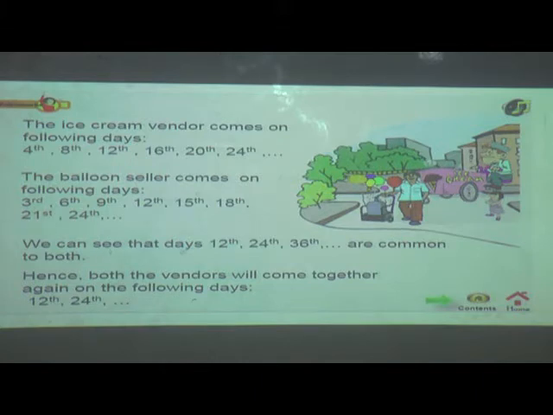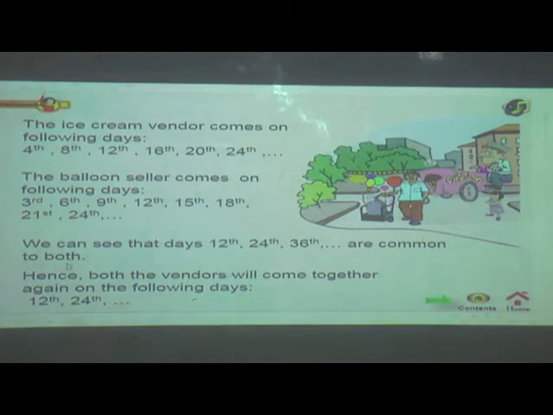We can see, students, what is common between these two? That is the 12th day. Then after this we have the 24th day as common. If we go on finding the multiples of 4 and 3, we will find some more common days. So the days 12th, 24th and 36th are common to both.